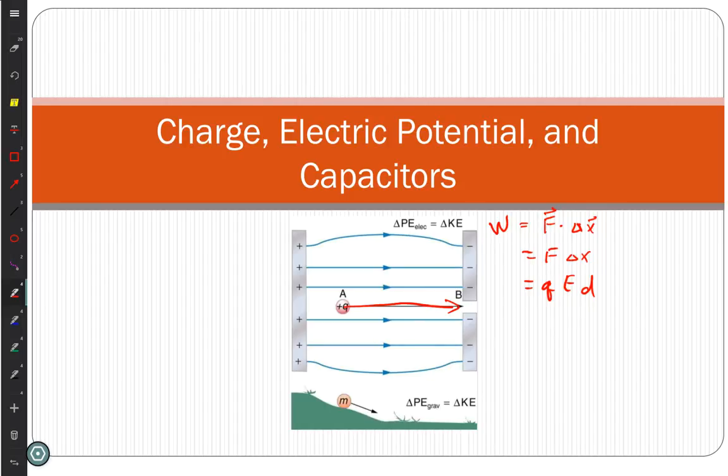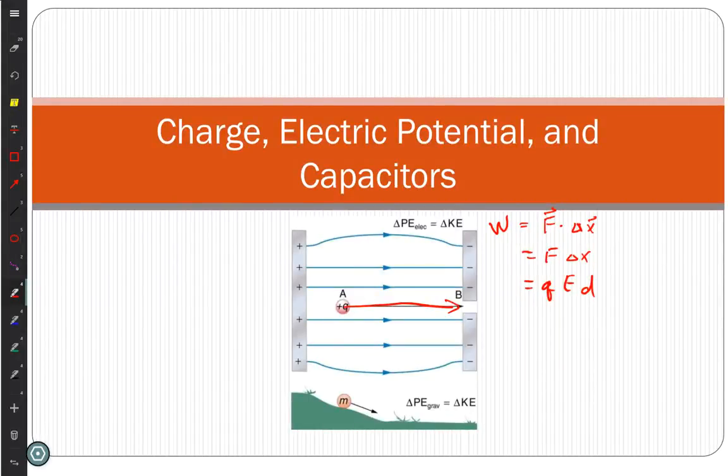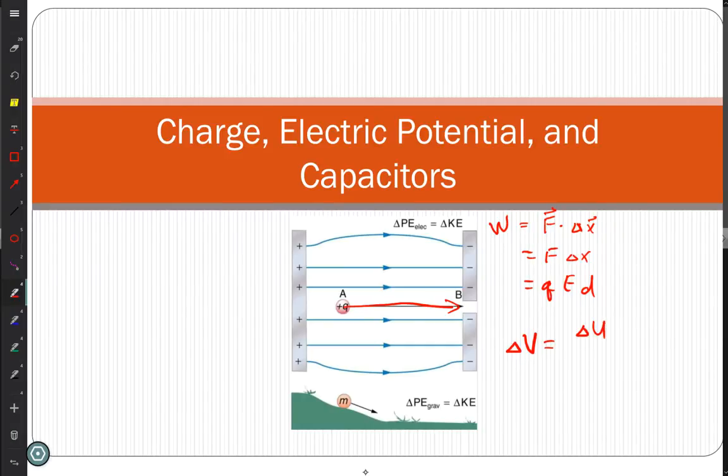So if I take that, I can say, okay, what's the voltage difference that it goes through? How's the voltage difference going to relate to this? The definition of delta V is delta U over Q. Well, how do we get delta U?